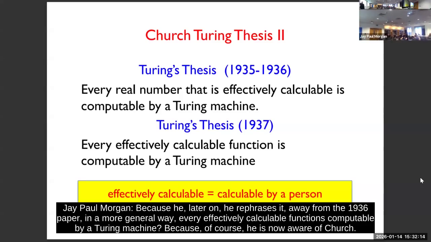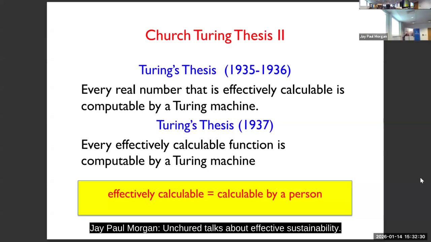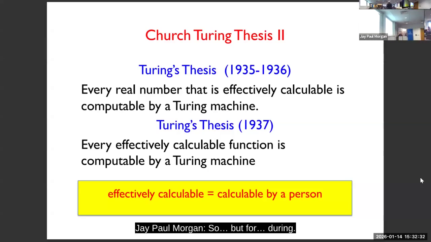But we would then reprocess that later on, because later on he rephrases it away from the 1936 paper in a more general way. Every effectively calculable function is computable by a Turing machine, because of course he is now aware of Church. And Church talks about effective calculability.